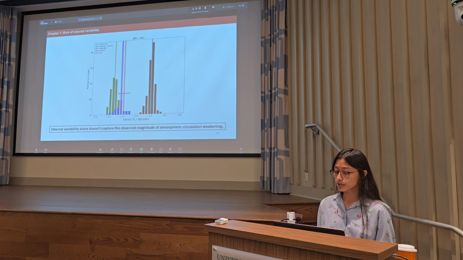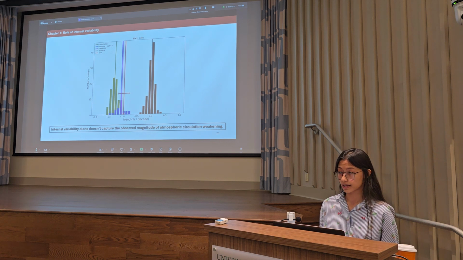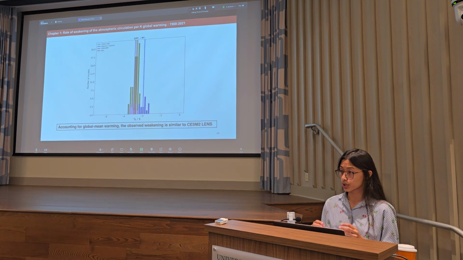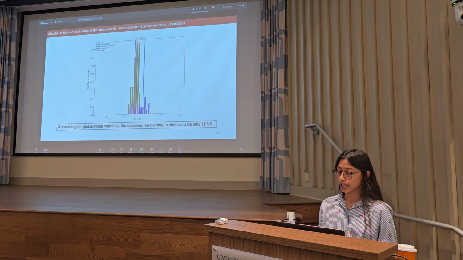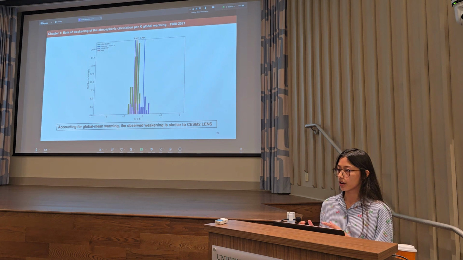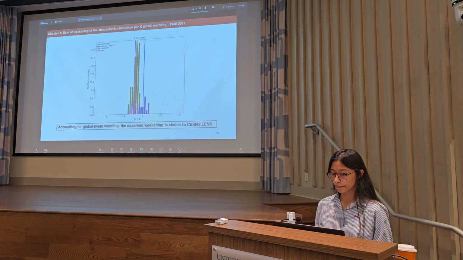However, if we take into account the amount of warming experienced in observations versus simulated by the CESM2 large ensemble, that is, if we normalize these by global mean warming, we find that this observed weakening is very similar in magnitude to the CESM2 large ensemble simulated weakening per Kelvin global warming, and both of these values, both observations and the NCAR coupled models, lie on the higher end of the CMIP6 coupled model spread.